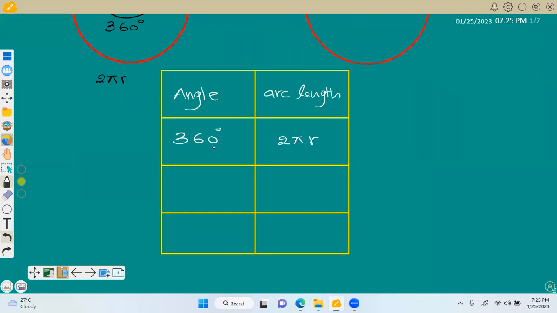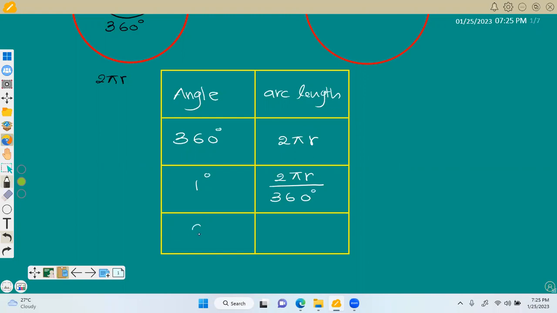If it is 1 degree, then what will be the arc length? It is 2 pi r upon 360.